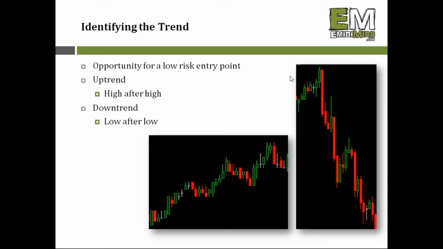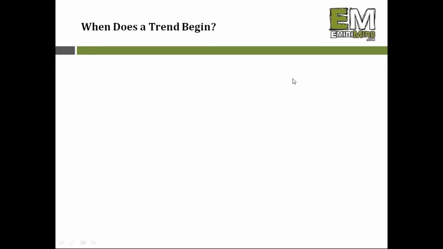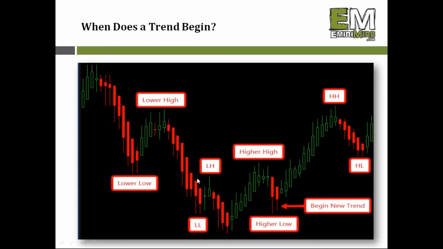So the next piece of this is, okay, that's great, we can identify the current trend, but when does that trend actually start? When does the trend begin? If we look at a combination of a downtrend and an uptrend, and we start with going back to the very basics, your football analogy of blocking and tackling, we're looking at lower highs and lower lows.